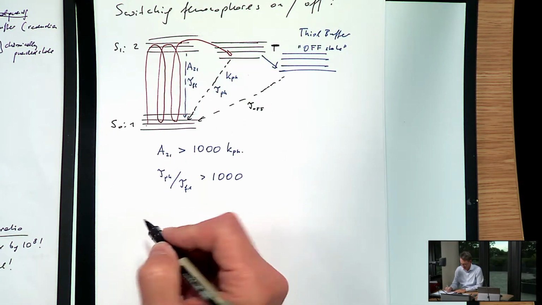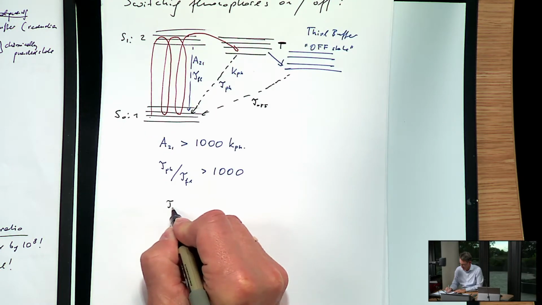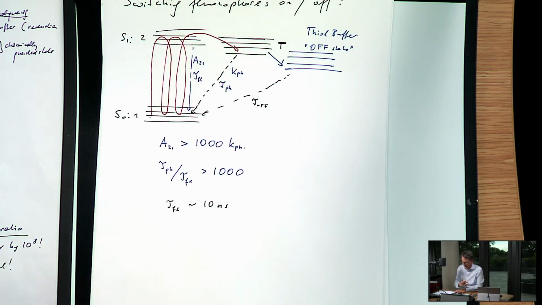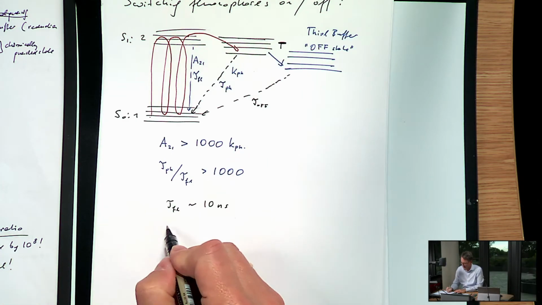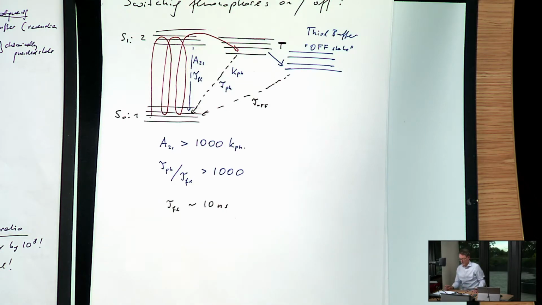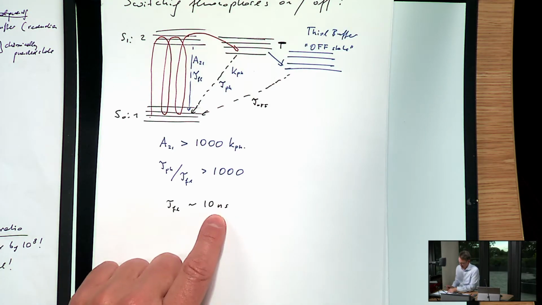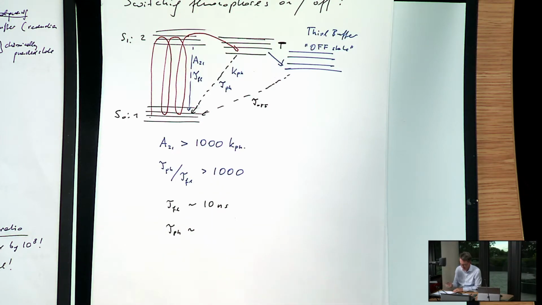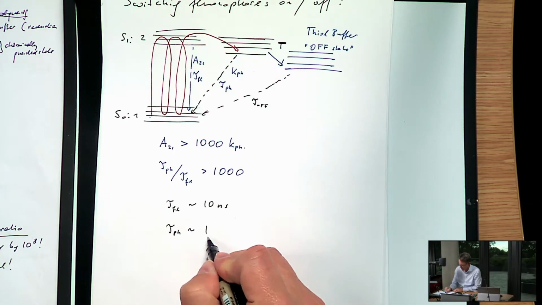Just to give you these are just ballpark figures, and they can vary quite dramatically between individual systems, but to give you an idea, maybe the fluorescence lifetime is 10 nanoseconds, so that's 10 to the minus 8. Maybe the phosphorescence lifetime is 1,000 times bigger than that, so let's make it 1 microsecond.